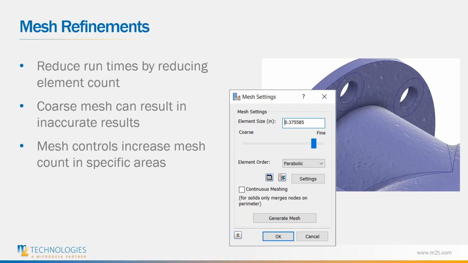Now, this isn't to say that a fine mesh will always be more accurate, as different mesh counts can result in unreal results regardless of how fine or coarse it is. The key is to play around with this mesh count in order to find the ideal settings to get results.